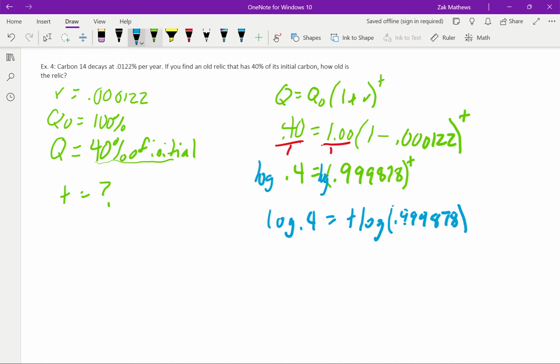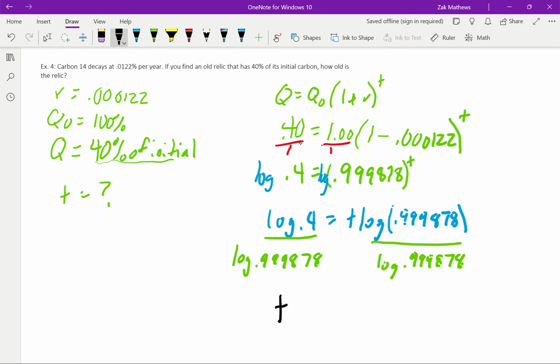And now we can divide that off the same exact way we were dividing earlier problems when we were trying to solve for the Q. We can take that log, we can divide it to the other side, so we have the log of 0.999878. And notice how I did write down every single decimal place the calculator gave me. I don't want to round that because it's going to throw my answer off. And that's going to give me my t.